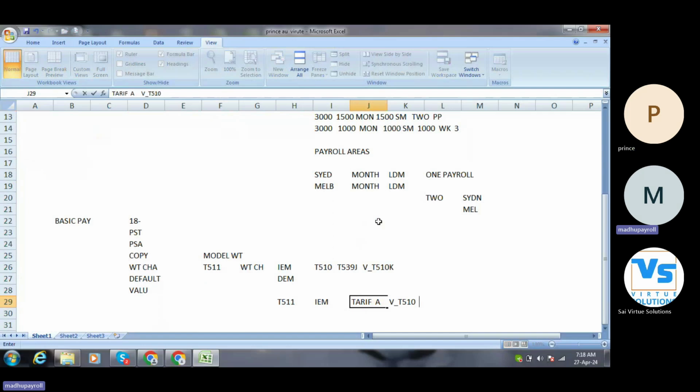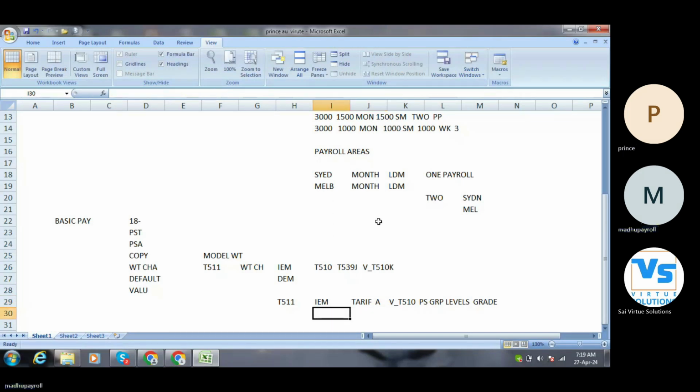Nothing but at SAP level, it is pay scale groups and levels, if you want to specify grade-wise amount. So we specify it in the T510 table. Whenever you maintain the wage type, pay scale type and pay scale area are defaulted through the tariff feature, and if you keep your cursor on the pay scale group, whatever we configured in the T510 table will come. You just choose that, and the amount is defaulted. That is indirect evaluation module.